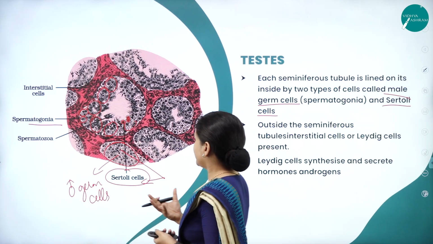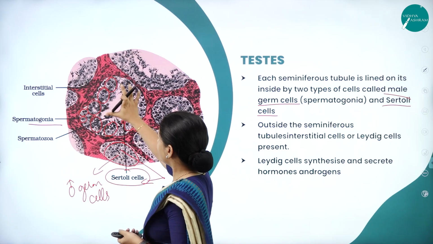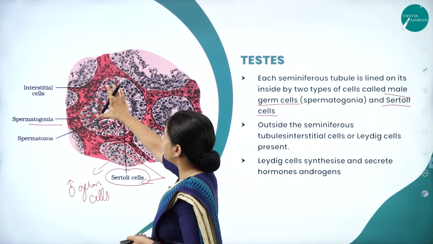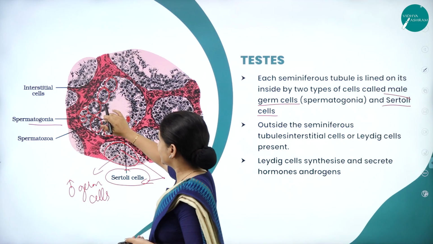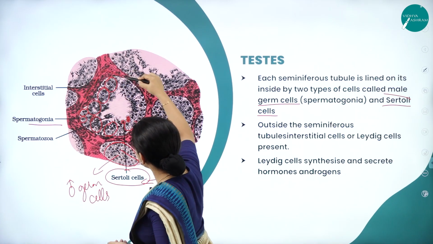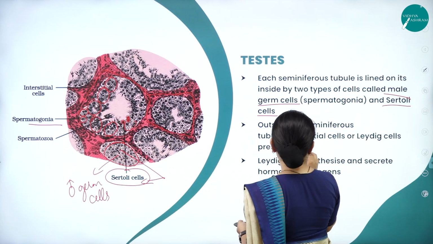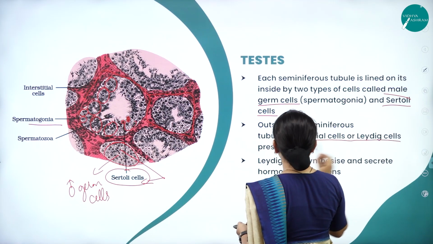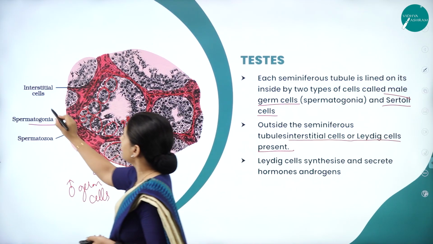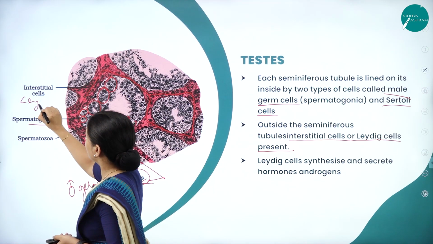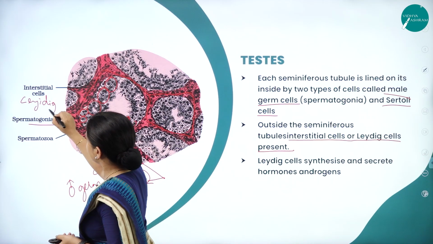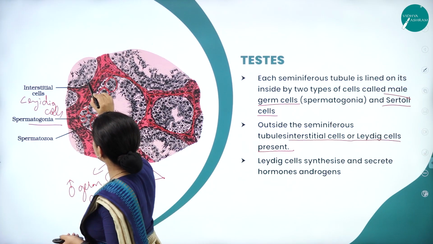Now, inside the seminiferous tubule, we got to know that spermatogonia and Sertoli cells are there. Now, outside, in these regions, what is there? They have some interstitial cells, or Leydig cells. So, what are they called? Interstitial cells, or one more name for that is Leydig cells. Where are they present? These portions.